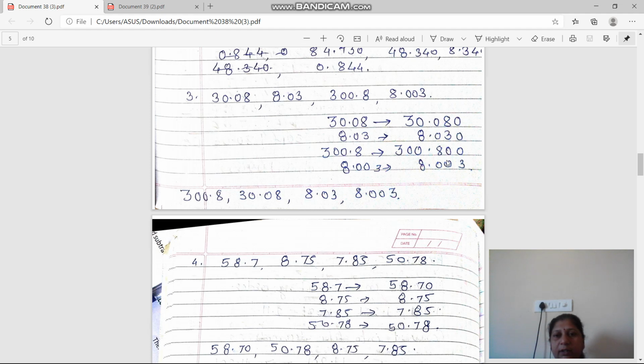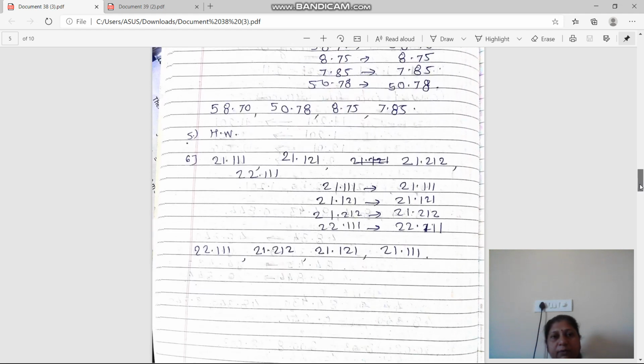Now all are like decimals. So which is the largest one? 300.800. Then next 30.800, then 30.080. Okay, next 8.030, 8.003. Get it? It is descending order, so we have to write the greatest number first.